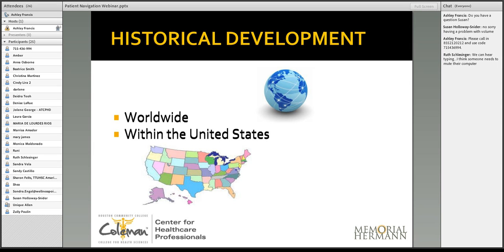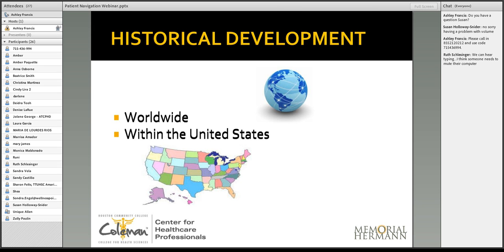What I'd like to do now is to go on to the second objective, which is to compare and contrast the development and role preparation for the community health worker and the patient navigator.